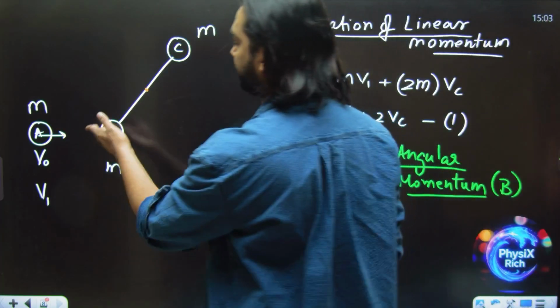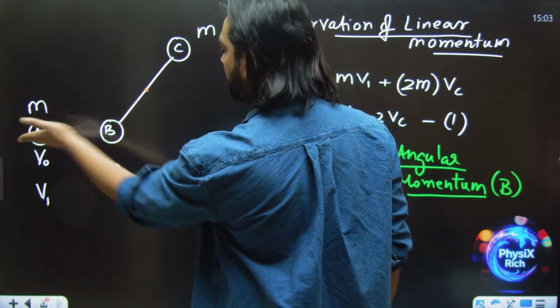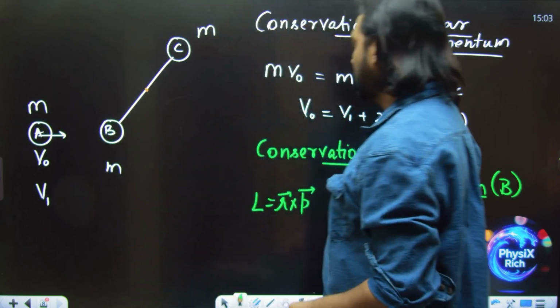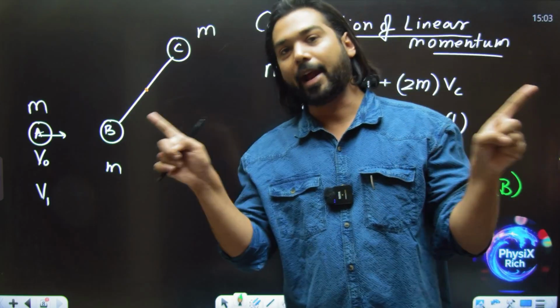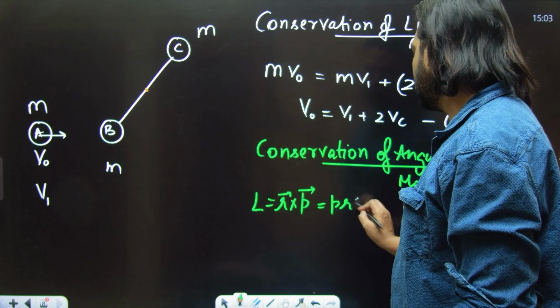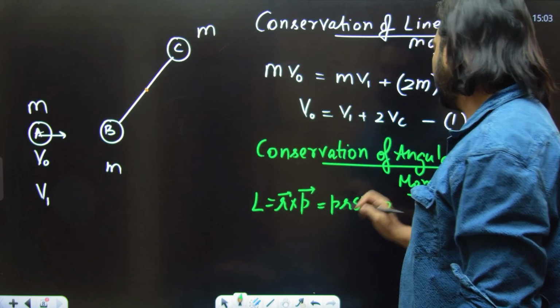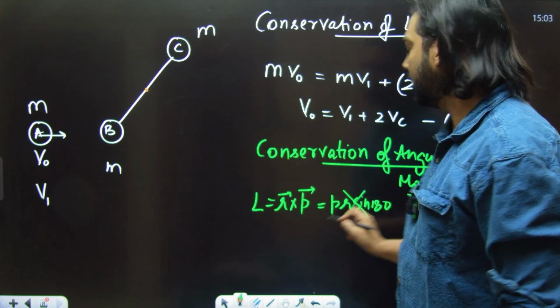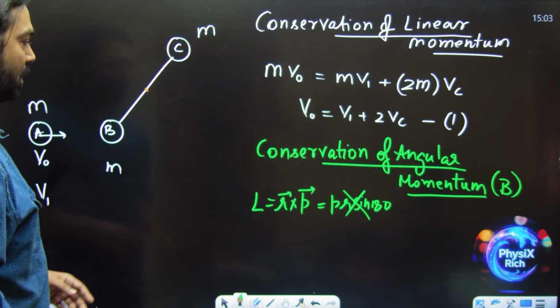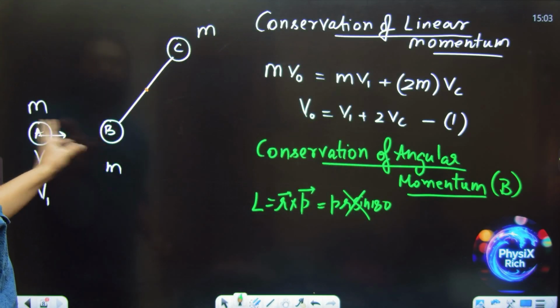R will be going from B to this particle, so this would be the R vector, and this would be the linear momentum vector. You see that these two vectors will be anti-parallel, so this comes out to be RP sine 180 in our case. What is sine 180? It's 0. You have to know that. So this angular momentum is going to be 0.